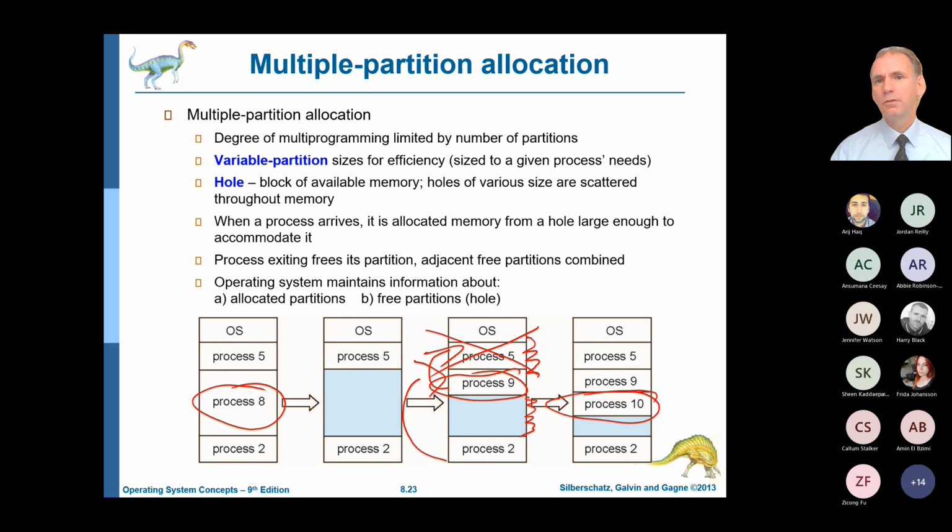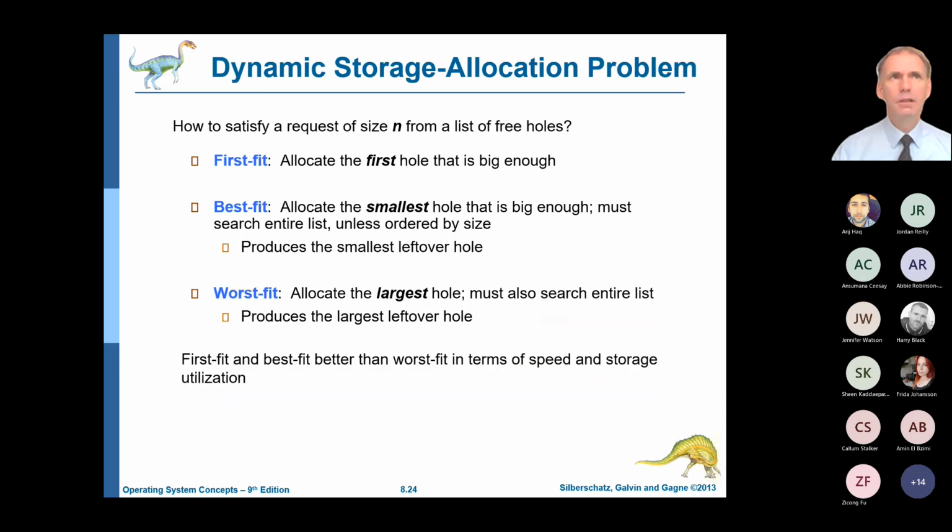So there'll be holes big enough to accommodate that new process. Which hole in memory do we put it into? Do we just go through memory and chuck it into the first one that we see? Do we keep a list of the holes that are in memory?